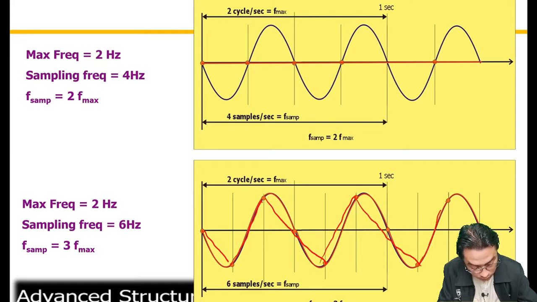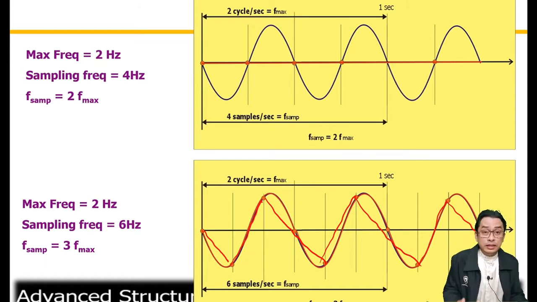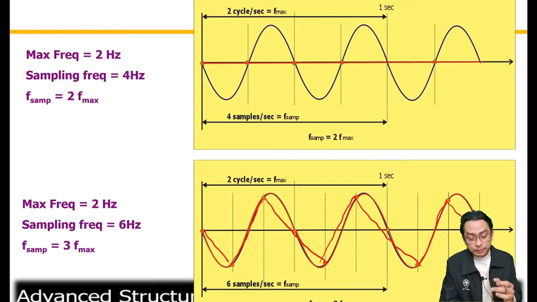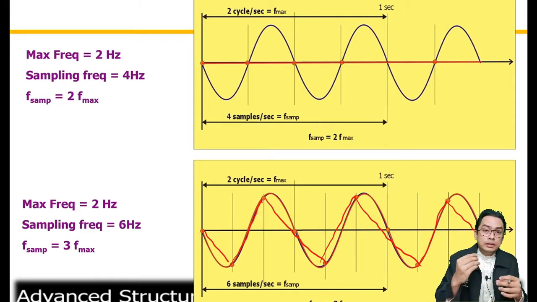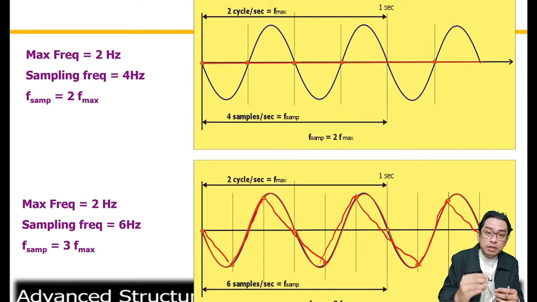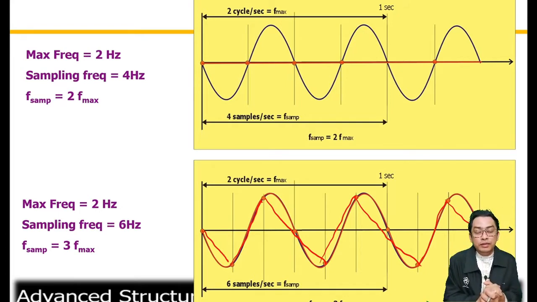This is what you see in the software or the display after the digital conversion. But we can conclude that the sampling frequency must be slightly above double the frequency that we measure.